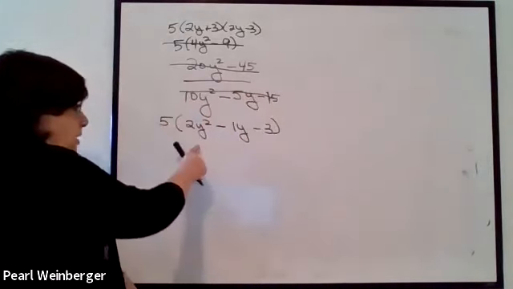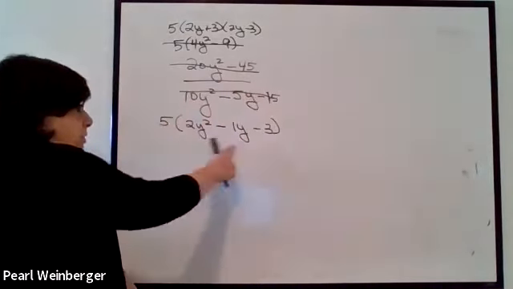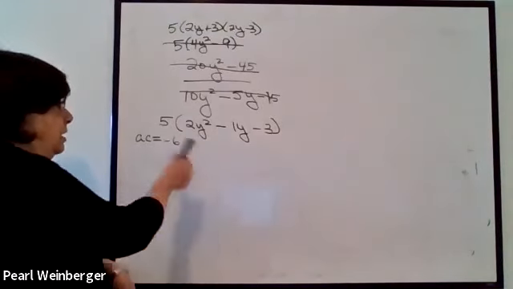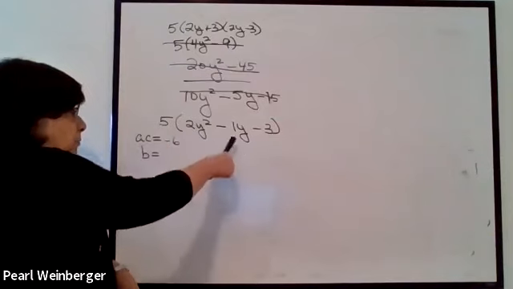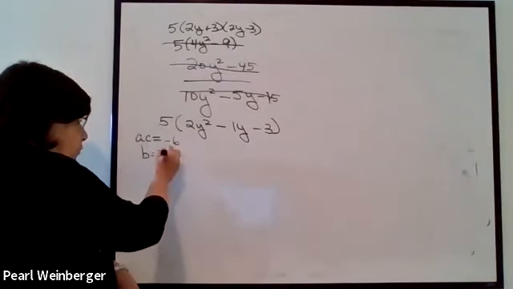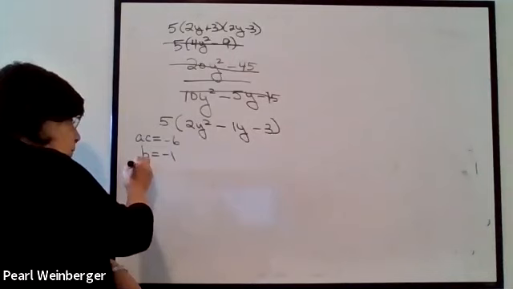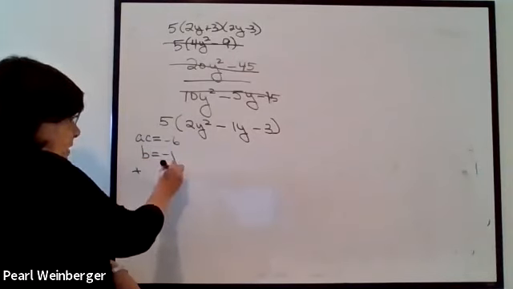Okay. Now, this is my trinomial. I want to see if I can use the AC method to factor this further. So if I'm using the AC method, I do 2 times -3, which is -6. That's my AC. And my B is the number in front of the y, which is -1. And we're looking for numbers that multiply to -6. So again, one is going to be positive, one's going to be negative.